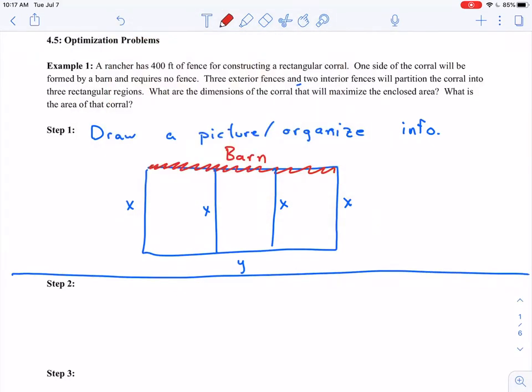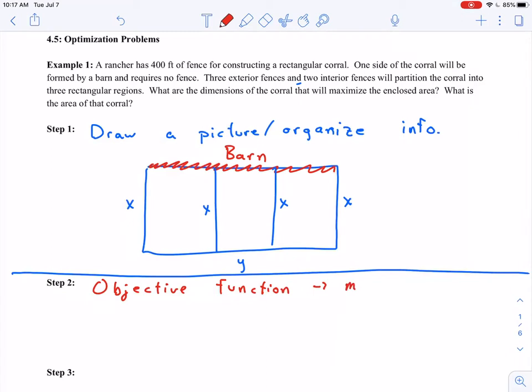So step 2, we want to identify what's called your objective function. And this is a fancy way to say it's the function we're trying to minimize or maximize. So this is the function that we're trying to optimize here in this case. We would like to either minimize or maximize.